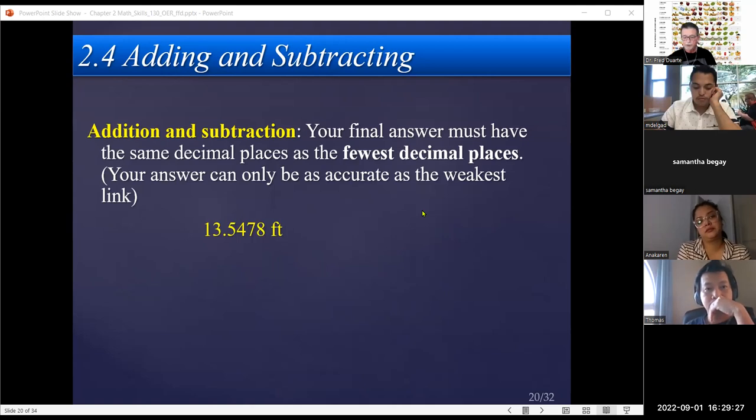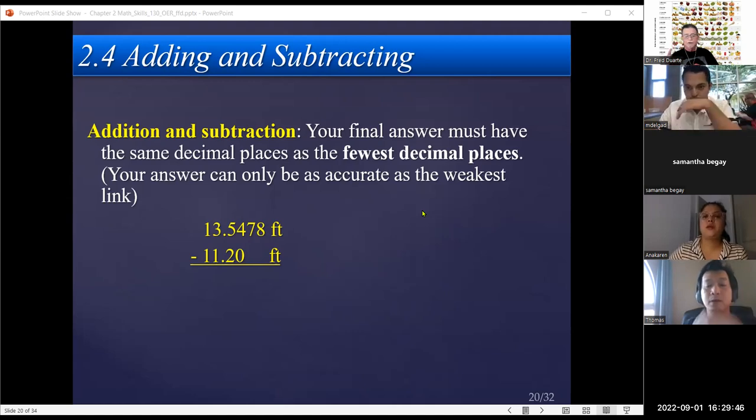13.5478. Okay, and we're going to subtract, but this is true if this is plus. Now, of those 2 numbers, can you see which one is the least accurate? Which one do you think is the least accurate? The 13 or the 11?